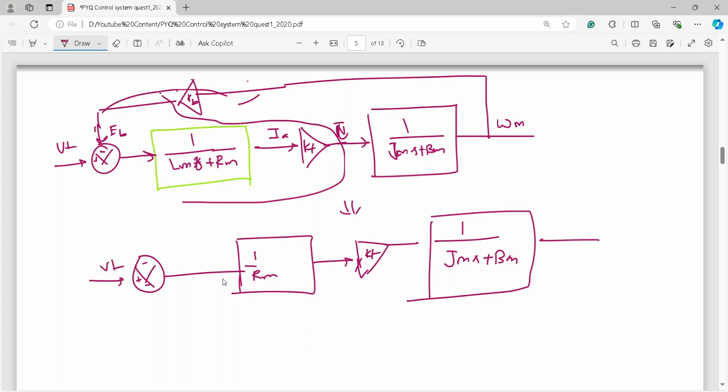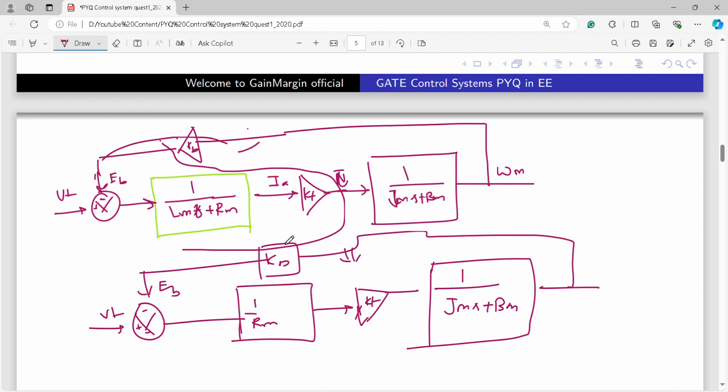This is Vt, this is Kv. So here you can see this is a first order transfer function. That's why we apply a first order transfer function when we neglect the inductance. If you go for position, then it again becomes second order if we neglect the inductance, and if we don't neglect it, then it becomes third order.